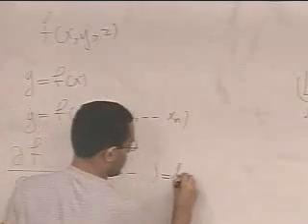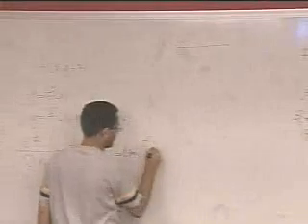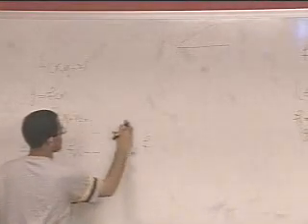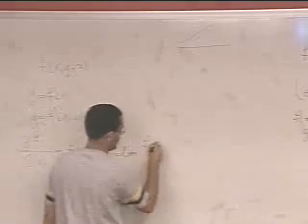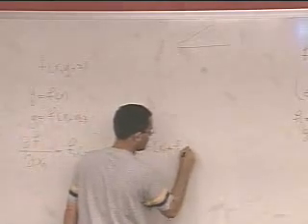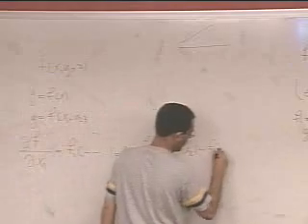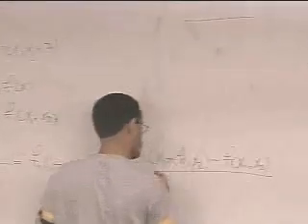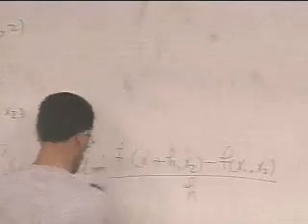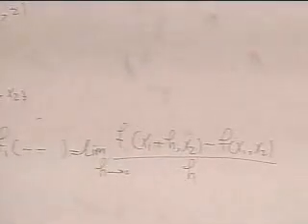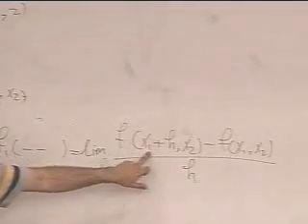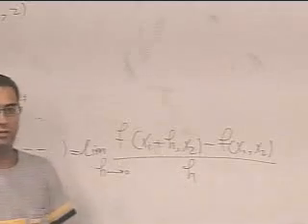This would be the limit of, and I write everything for a 2-dimensional vector, f of x1 plus h, x2 minus f of x1, x2, divided by h. And h goes to zero. So this is what we call a partial derivative with respect to the first coordinate. You can have the partial derivative with respect to the second one defined exactly the same.